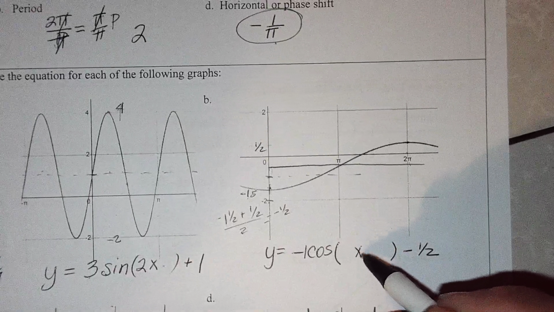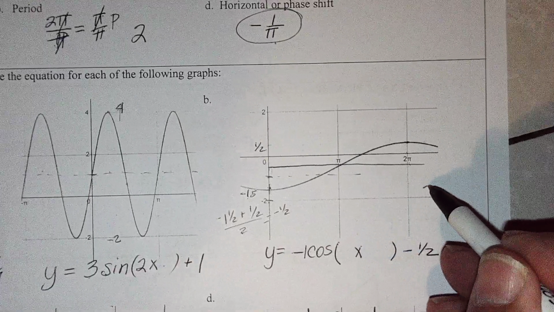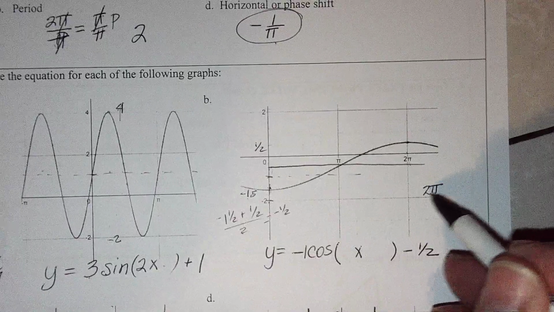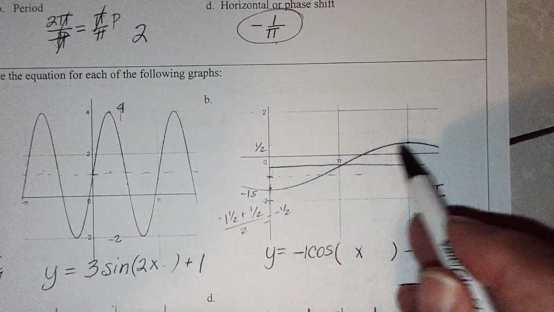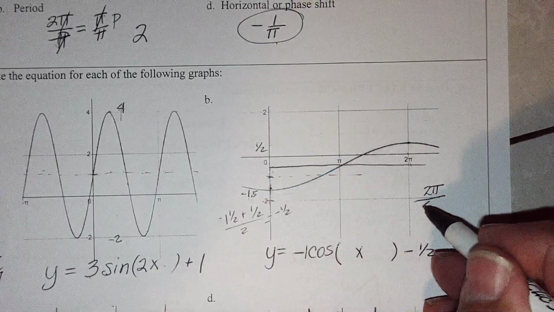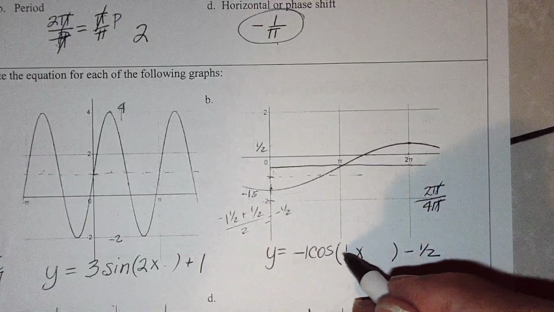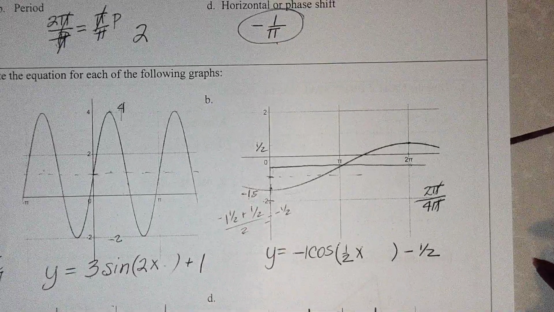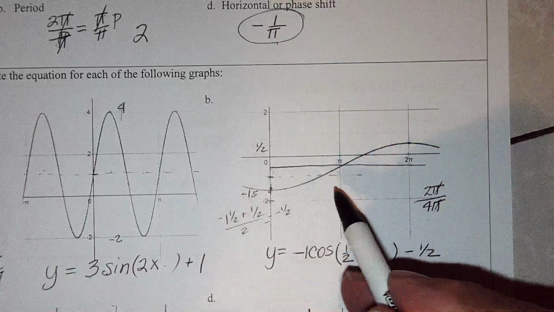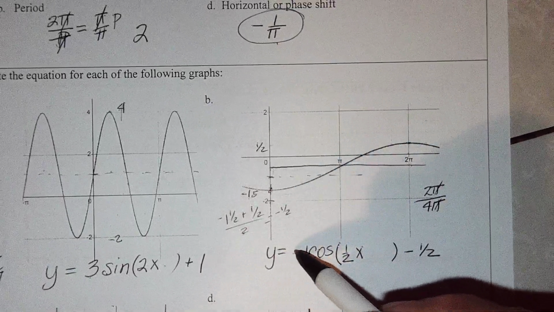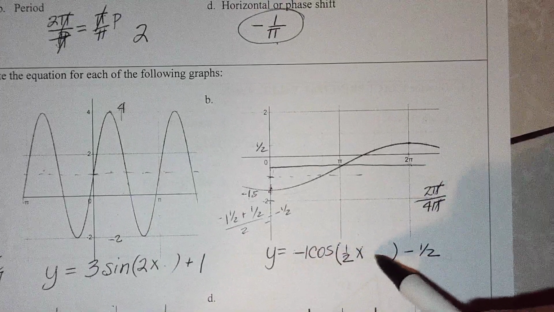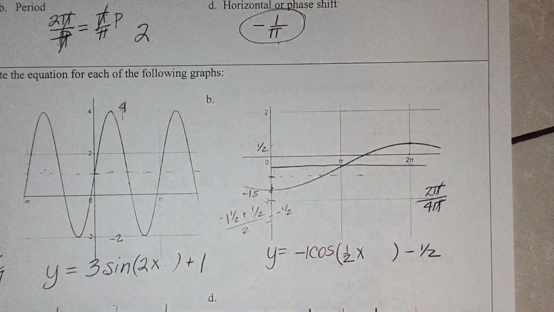The number I put in front of the x is the normal period, 2 pi, divided by the actual period, which is 4 pi. And so that is 1/2. And since it starts right at the bottom, and that's what a negative cosine will do, there'll be no phase shift on that.